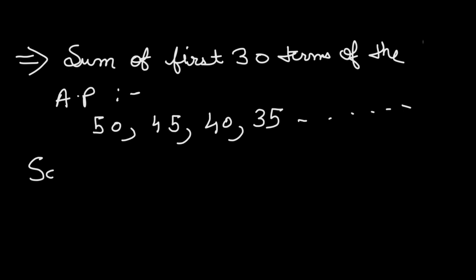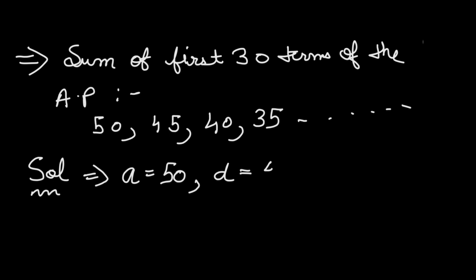So the solution is, here you can see the first term is equal to 50. The common difference is equal to 45 minus 50, which is equal to minus 5.